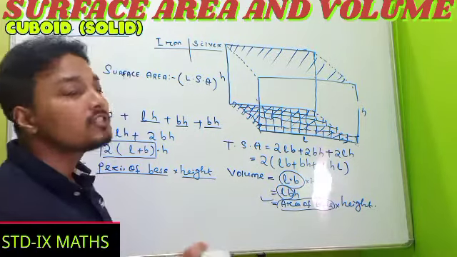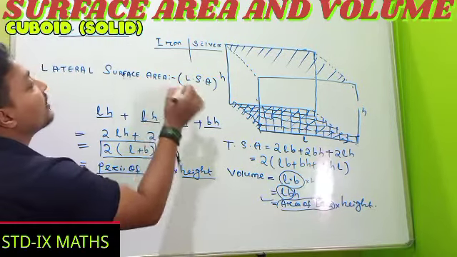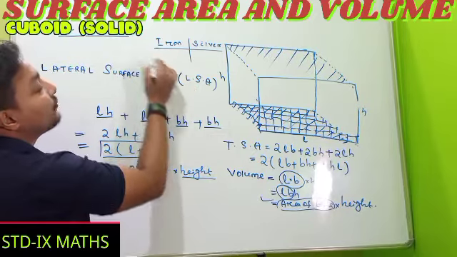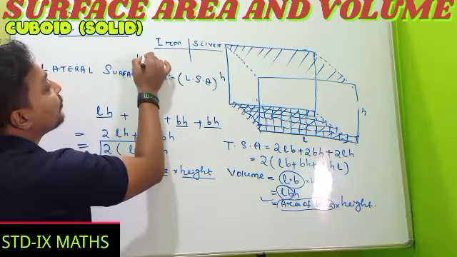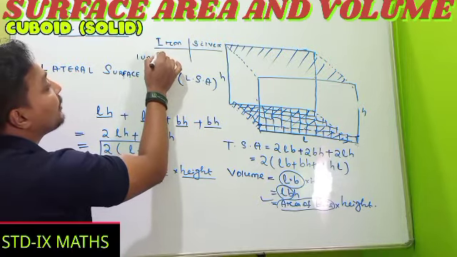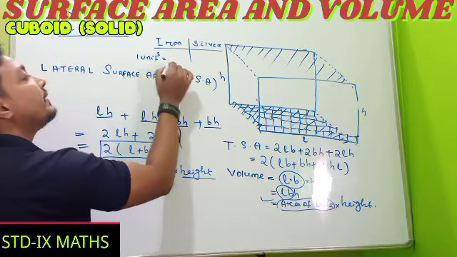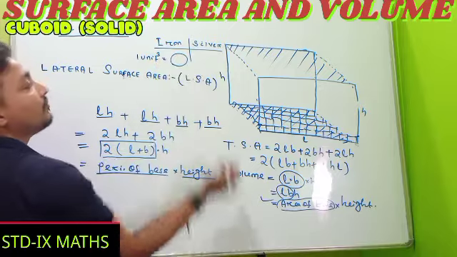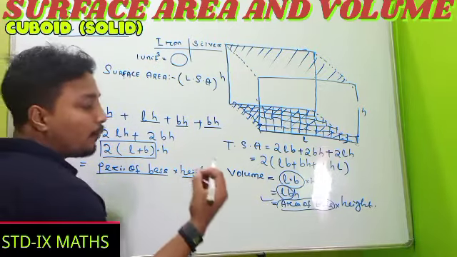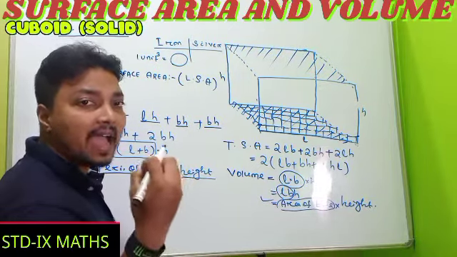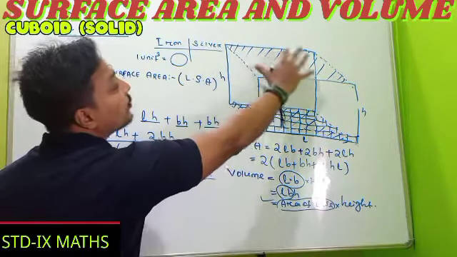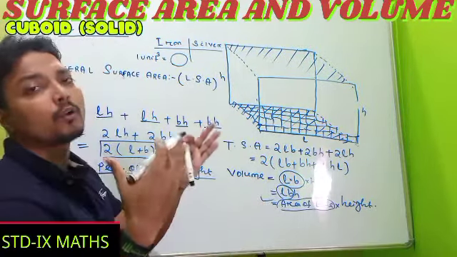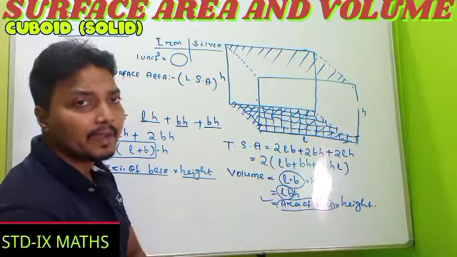Then you have to check for one cubic length, it means 1 unit cube. For 1 unit cube, how much weight of iron will be required, so that with the volume you are getting, together you can find out how much iron will be required in total.